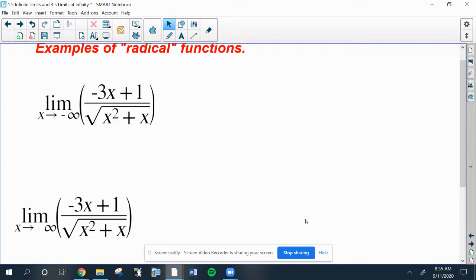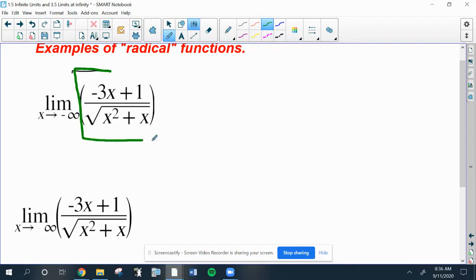Treat these just like rational functions. The vocabulary I'm going to be using here is not the best for math, but will be understandable.